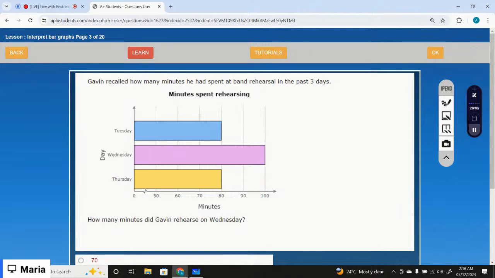Kevin recalled how many minutes he had spent at band rehearsal in the past 3 days. How many minutes did Kevin rehearse on Wednesday?